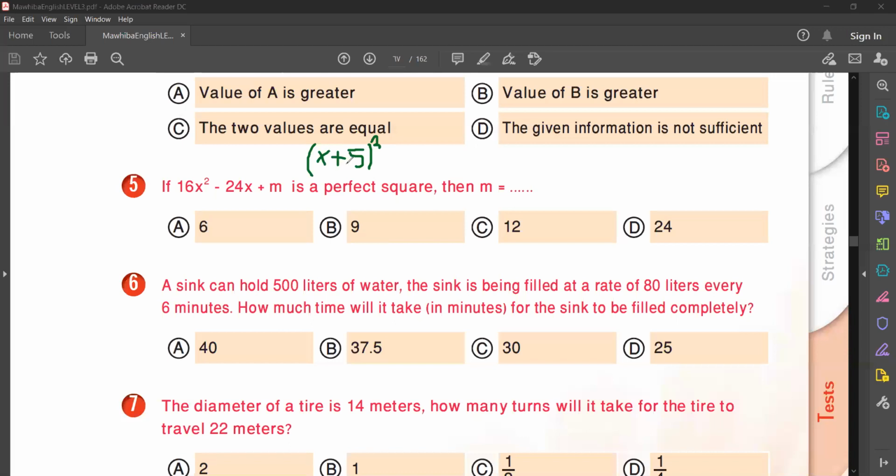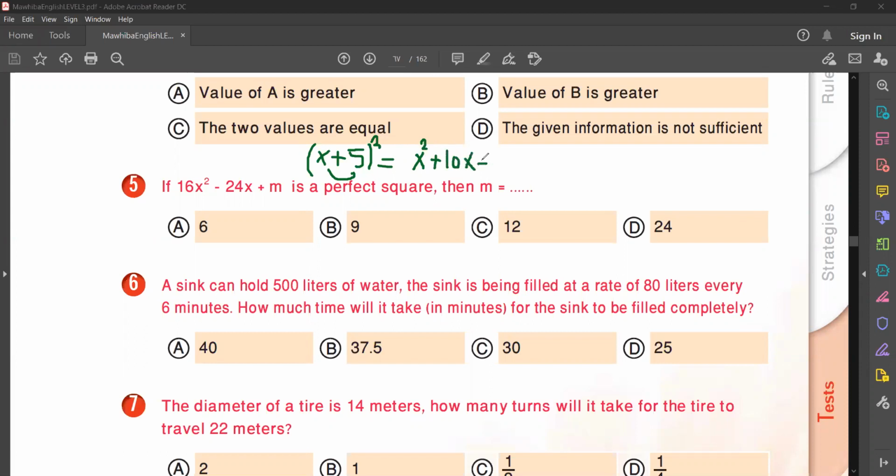So how do I find x plus 5 to the power 2? When you know the rule, x squared is x squared, then you multiply the first and the second one and the power. X times 5 is 5x, times 2 is 10x, right?